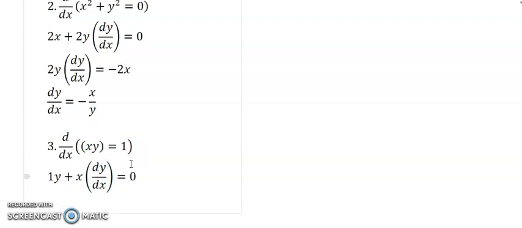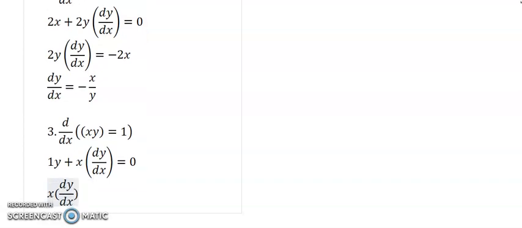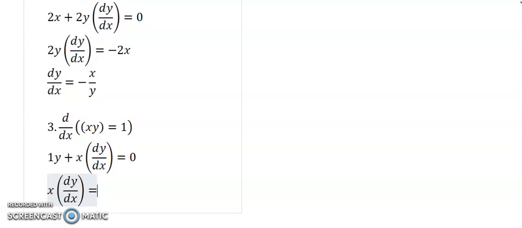Okay, let's go ahead and solve for dy over dx. Let me do it step by step. We will just get x times dy over dx equal to negative y, because here we have 1 times y, which is nothing but y.